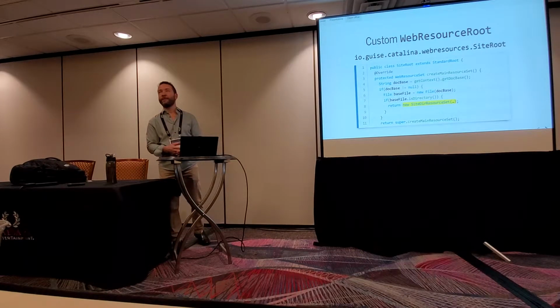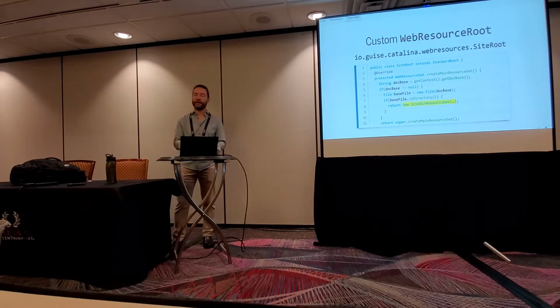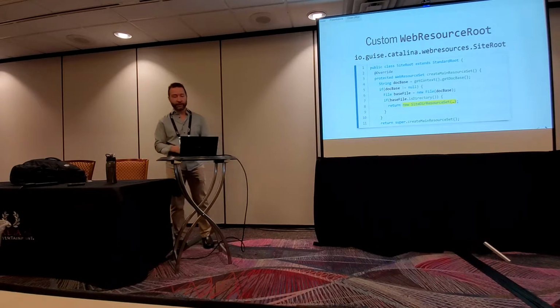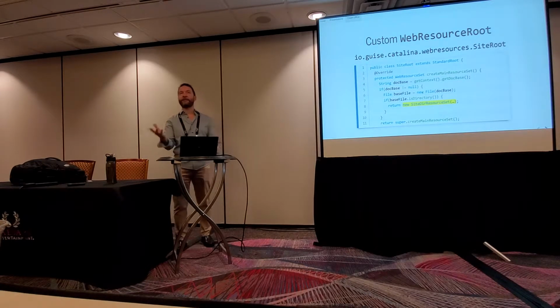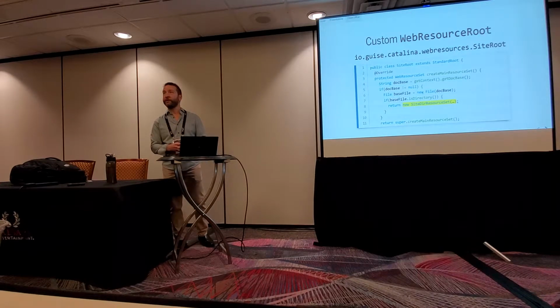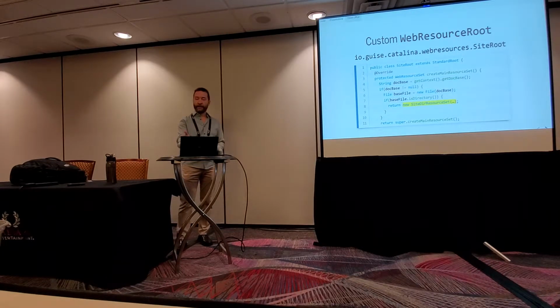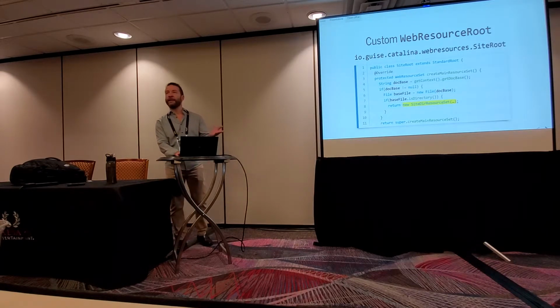Since there are no helpful factories or anything, because there was no need at the time, I guess, there's no easy way to plug in a new way to create these different resource roots. And so we had to override the standard root to create a web resource root which works just the same, except that if it sees that it's creating a web resource root for a directory, rather than creating the dir resource set as it normally would, it would create the site dir resource set, which you just saw.